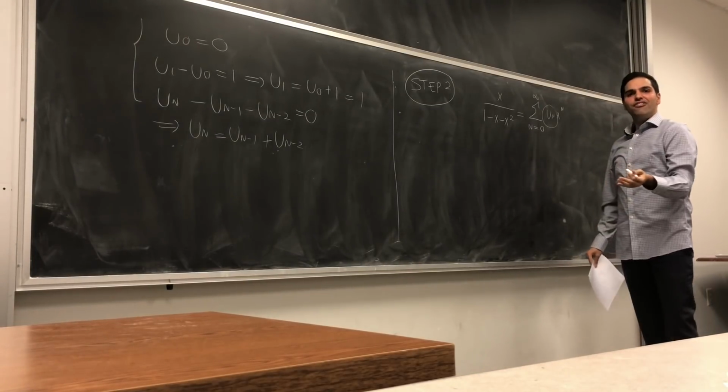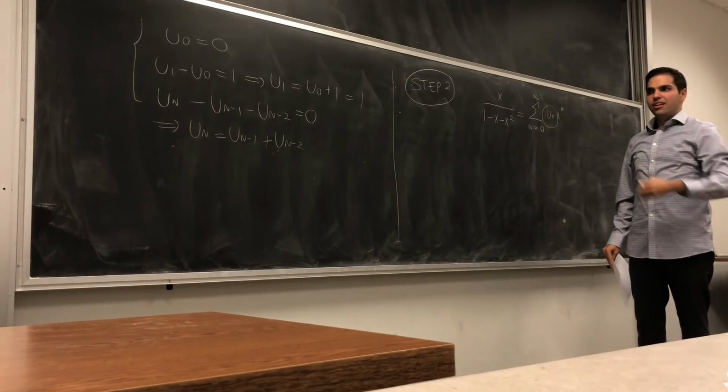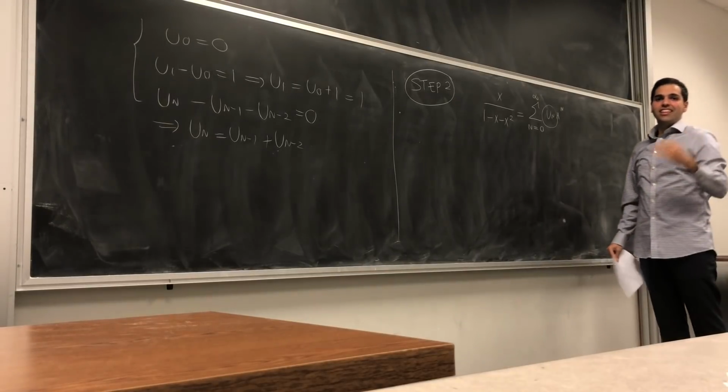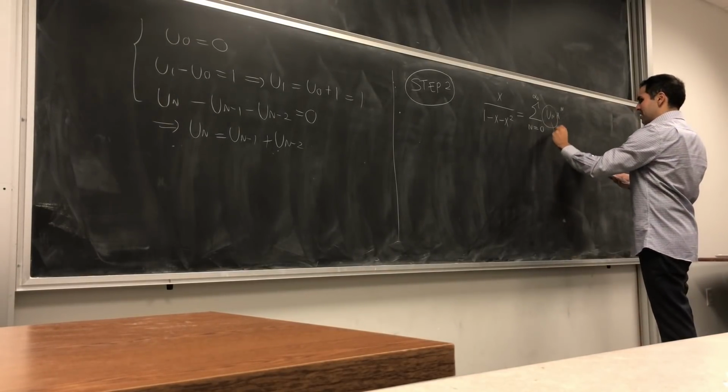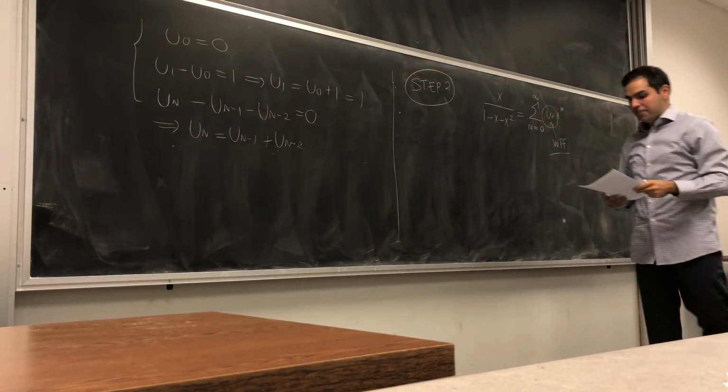So all you have to do is write this as a power series, because by the previous step the coefficients are the key to solving our problem. So let's find this.